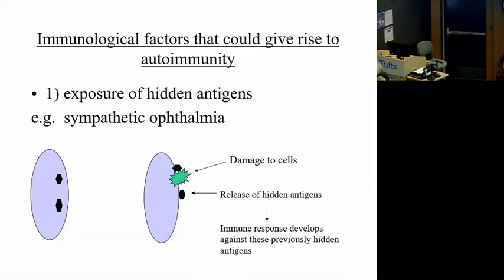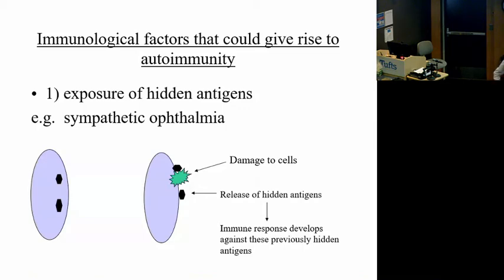Because when you destroy the eye or other tissue, you release antigens that the body has never seen, and you make antibodies against that antigen, which hit the other eye. He could lose both eyes. He could get sympathetic ophthalmia. Sympathetic ophthalmia means damage to one eye releases antigens, you make immune responses, and it can hit the other eye.